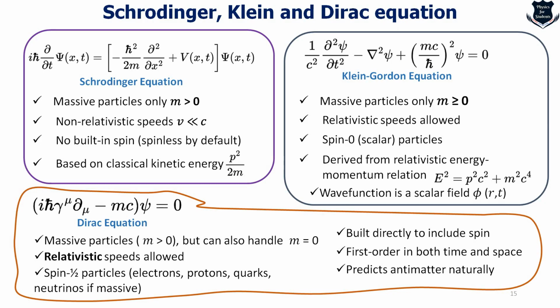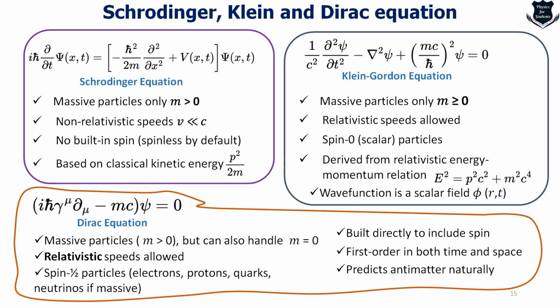So this is a comparative understanding of the Schrodinger equation, the first classical equation, for which Erwin Schrodinger received the Nobel Prize in physics; the Klein Gordon equation, the first attempt at a relativistic wave equation, which had limitations; and the final master stroke of Paul Dirac, which actually solved everything.